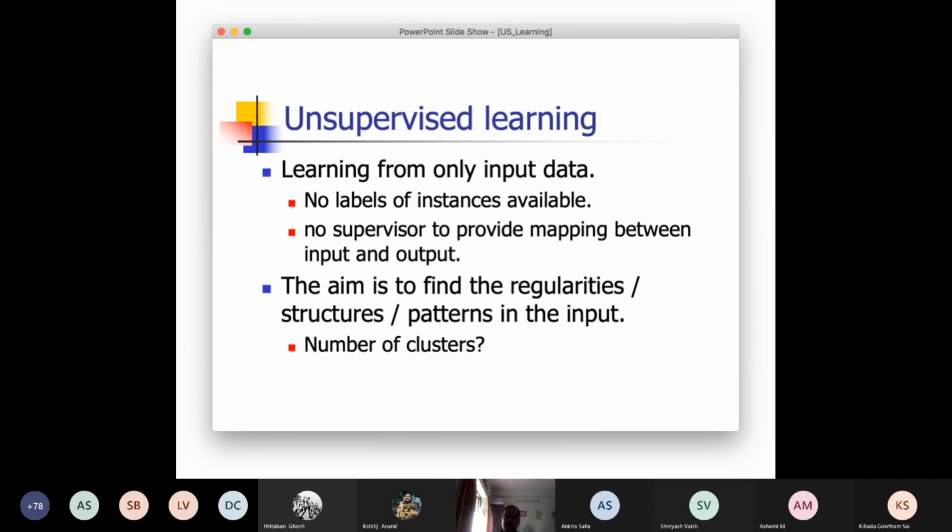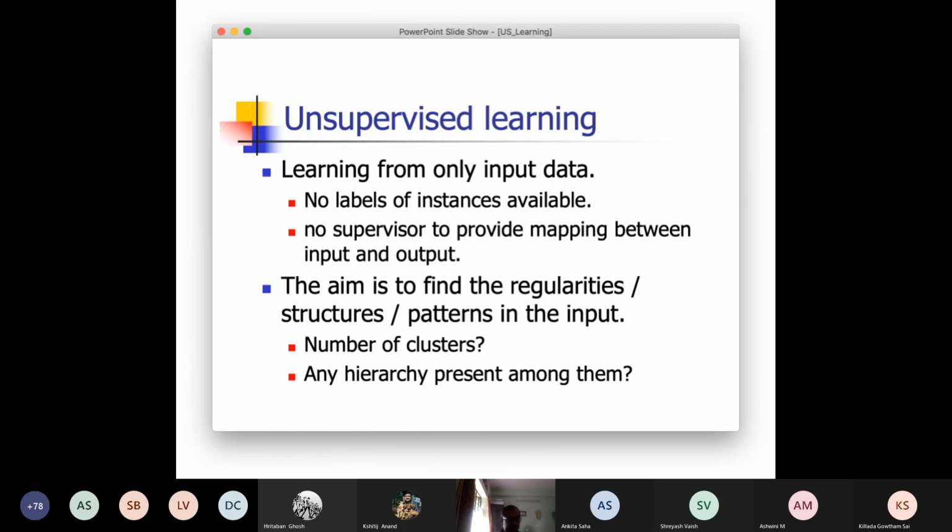That may come from some other knowledge, not from the data but from the domain itself. You already know that there exist so many groups, and given the data, you are just trying to associate different samples with those groups. So that is the number of clusters. These groups are called clusters in the jargon of unsupervised learning.